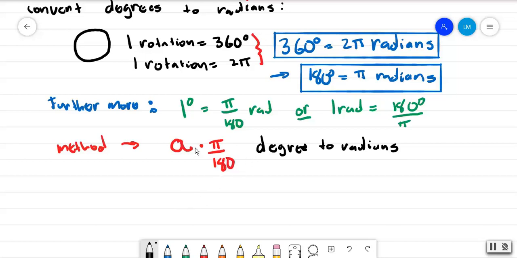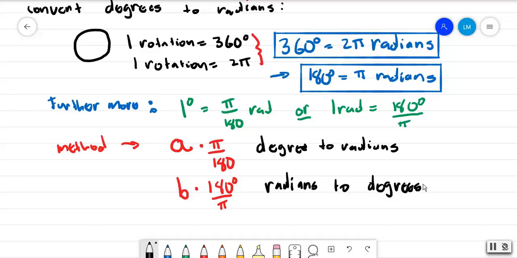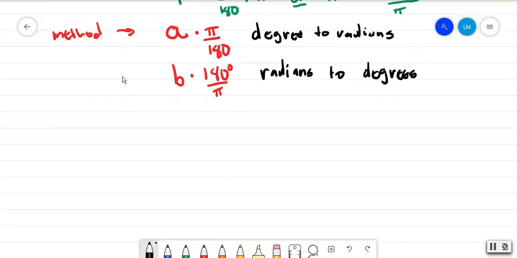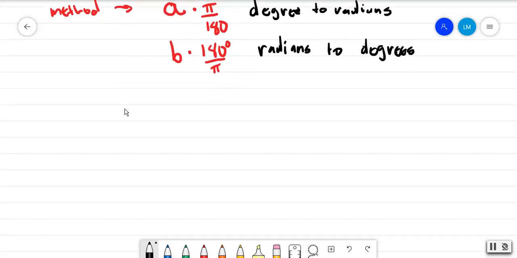So we multiply by pi over 180. The other is that if we take B and multiply it by 180 over pi, this is a method of going from radians to degrees. So in either case, we have a nice little shortcut where we just multiply.